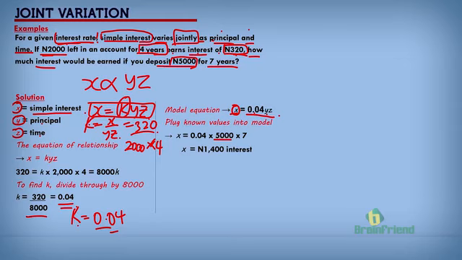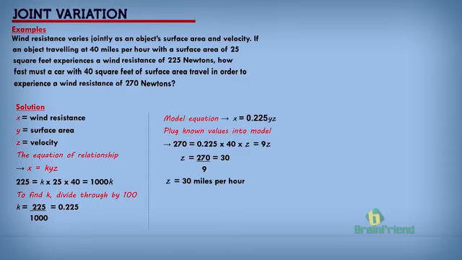And z is the time in years, 7 years. Okay? So we have all of that plugged into our model equation. X therefore is 0.04 times 5,000 times 7. This would give us 1,400 naira as our interest for 7 years if 5,000 naira is deposited in the account.